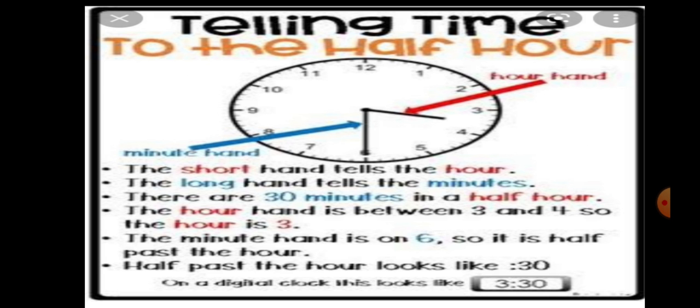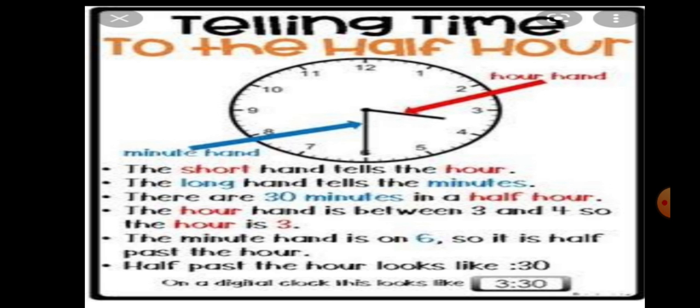Telling time to the hour. Notice the hour hand and the minute hand carefully in the clock shown. The hour hand is between 3 and 4, and the minute hand is at 6.